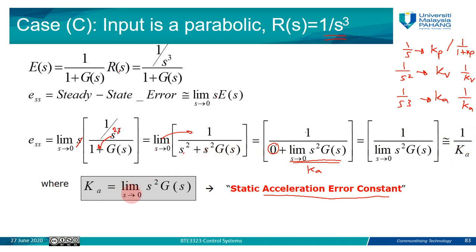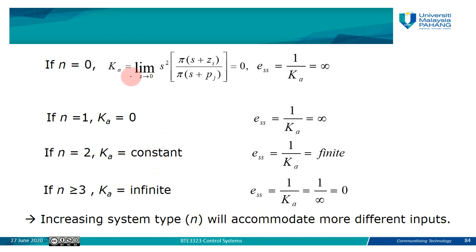This is how to calculate ka. Based on the value of gs, we are going to calculate the value of ka. Based on the type of the system, we are going to find different values for our ka. So we have three types of systems. System type 0 means you have gs equal to s plus 3 over s plus 1 times s plus 5, for example.